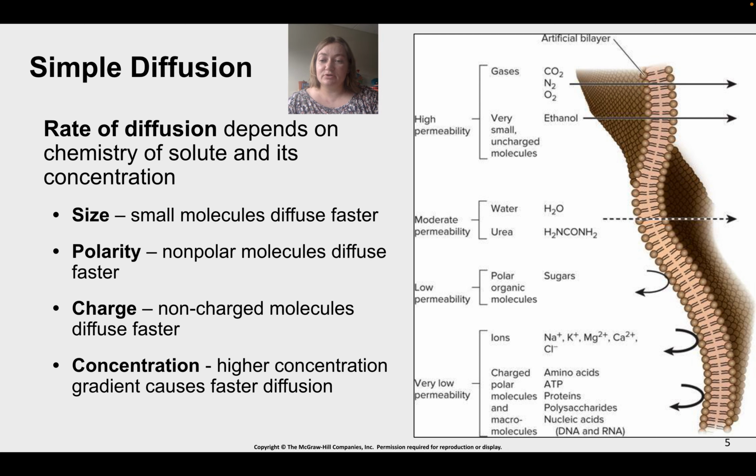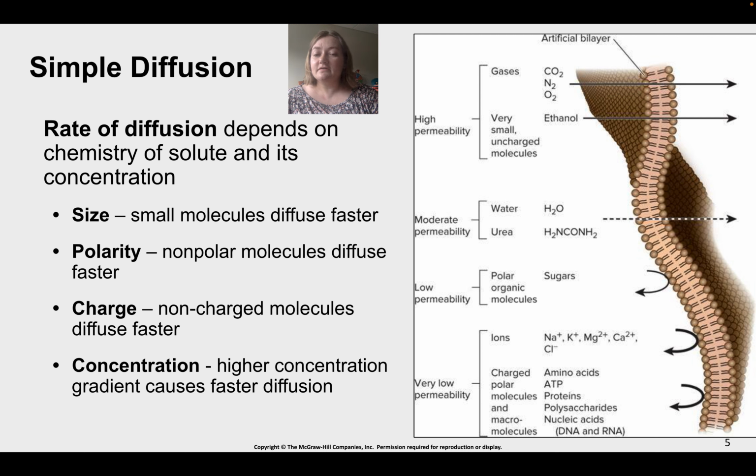All right, let's look at simple diffusion here. Simple diffusion is where, again, we don't have a protein involved. It can just simply go through the plasma membrane bilayer. But not every molecule can do this. And even among those that can go through this bilayer, some molecules are going to move through faster or better than others.